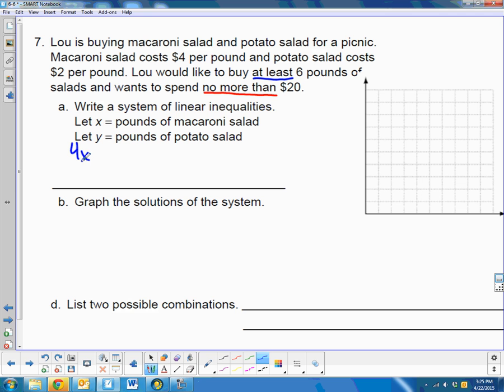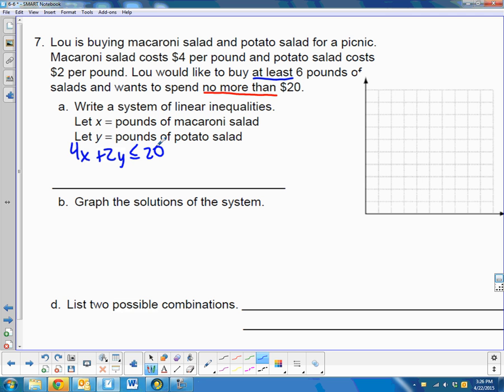And then it's $2 per pound of potato salad, so plus 2y. We want to spend not exactly $20, but no more than $20, so I can't spend above that. It's going to be less than or equal to $20. I could spend exactly 20, but no more than 20. That's the limit. That's a lot of potato salad. I also want to buy 6 pounds of it.